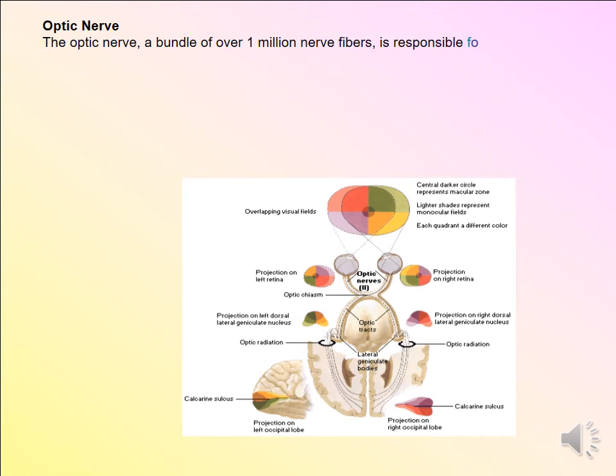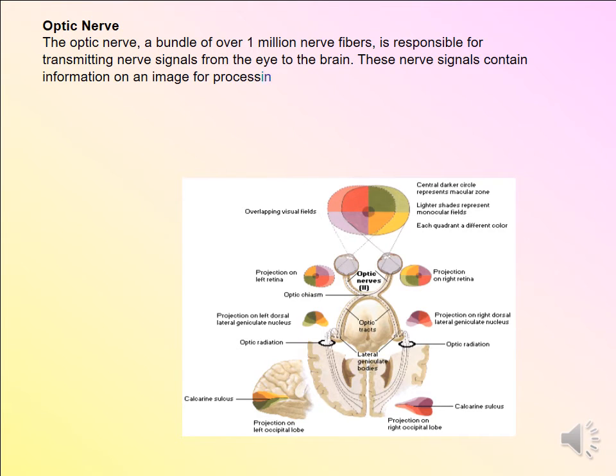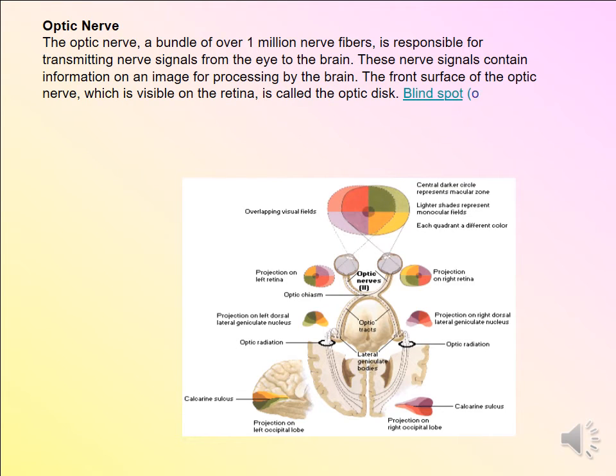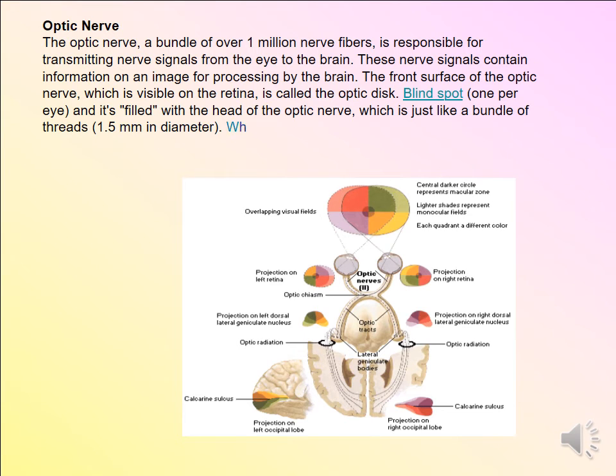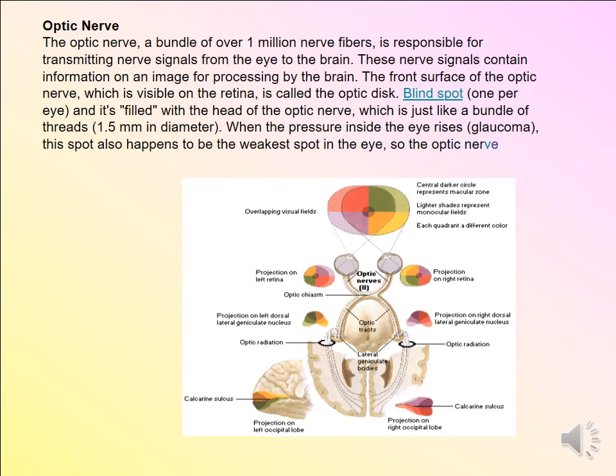We have the optic nerve, the second cranial nerve. It is specialized for vision. The optic nerve, a bundle of over 1 million nerve fibers, is responsible for transmitting nerve signals from the eye to the brain. These signals contain information about an image for processing by the brain. The front surface of the optic nerve, which is visible on the retina, is called the optic disc.